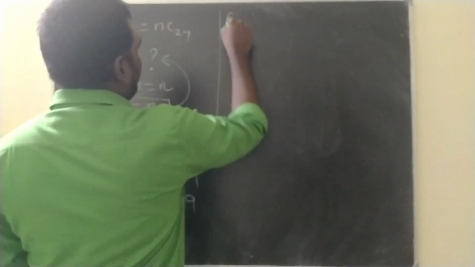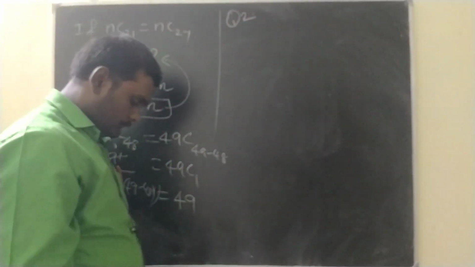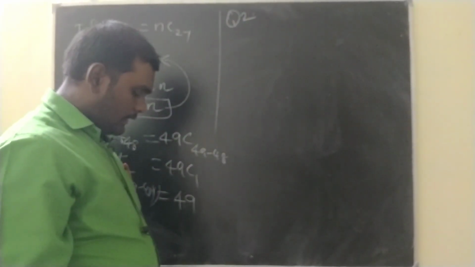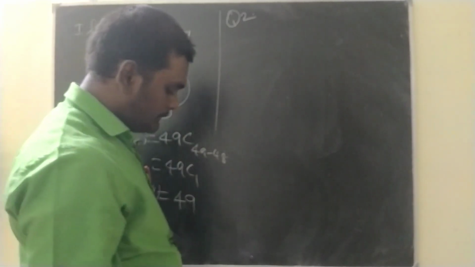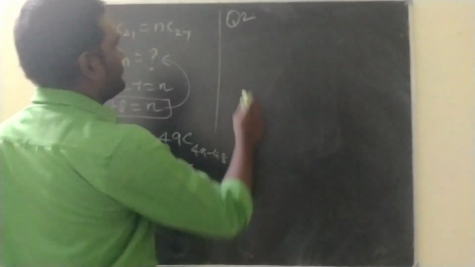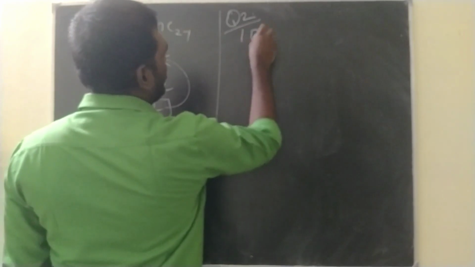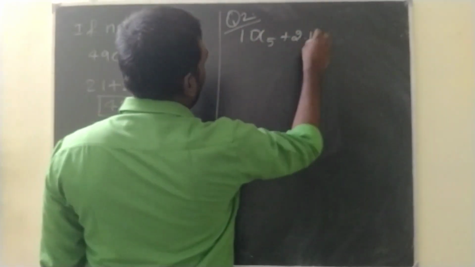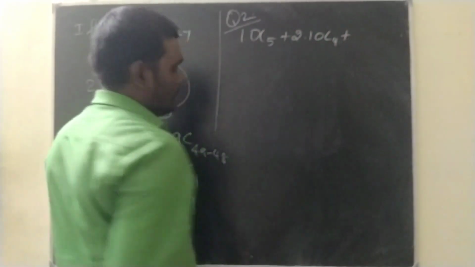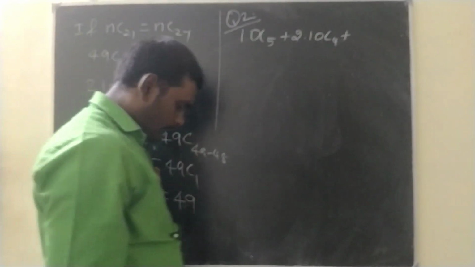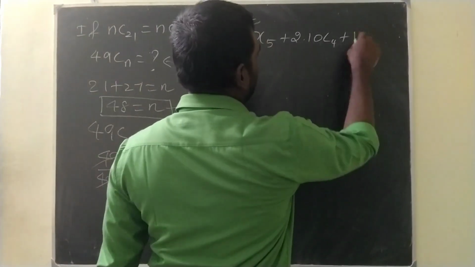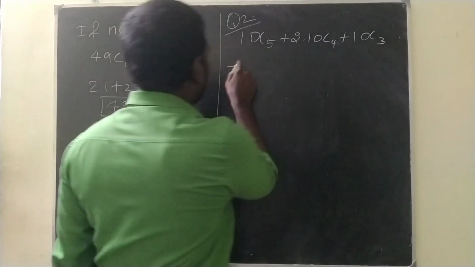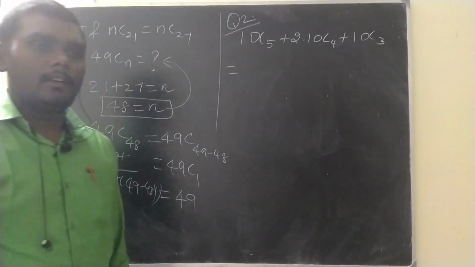Then question number 2. Find the value of 10C5 plus 10C4 plus 2 times 10C4 plus 10C3. We have seen one formula.